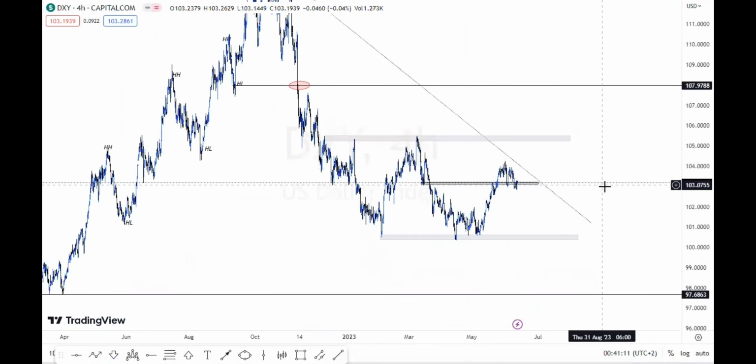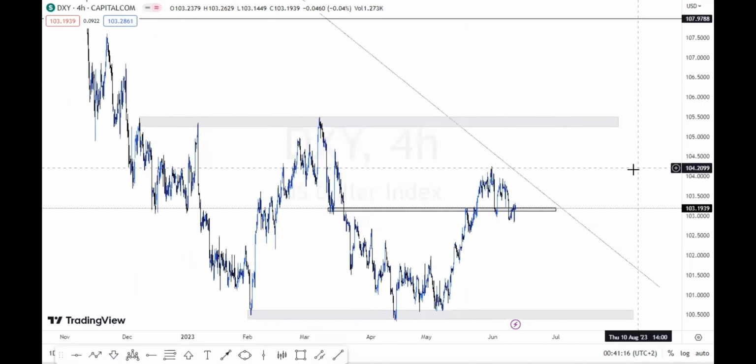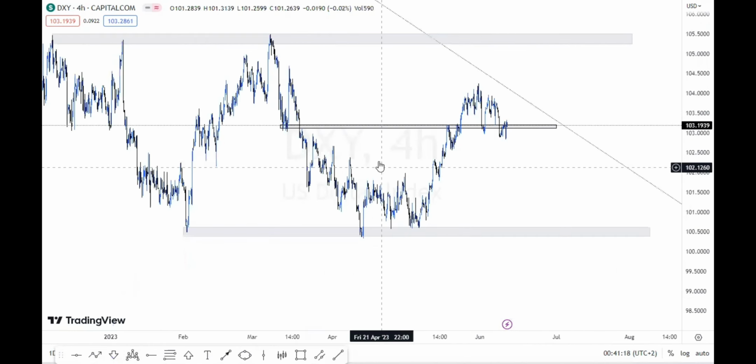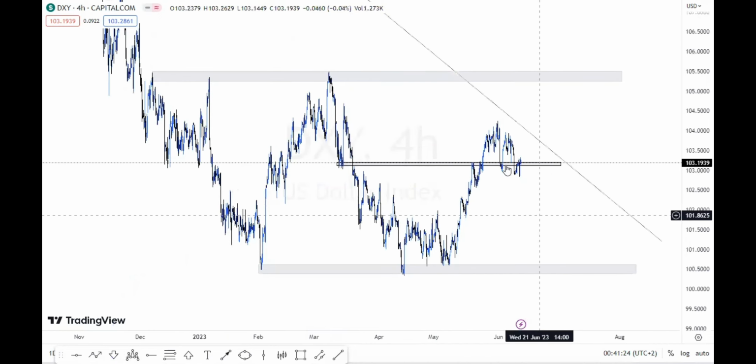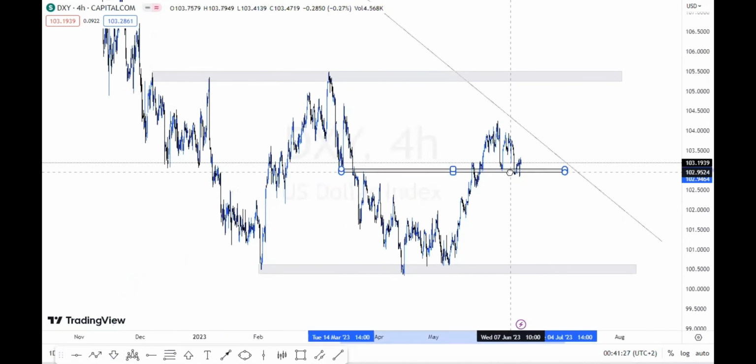We're hoping for the third touch and it drops, but then at the same time, we also have a range that we hope is gonna get completed, and we're gonna have some sort of a push to the upside.